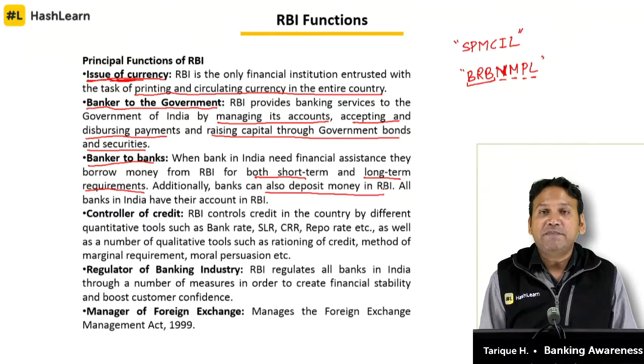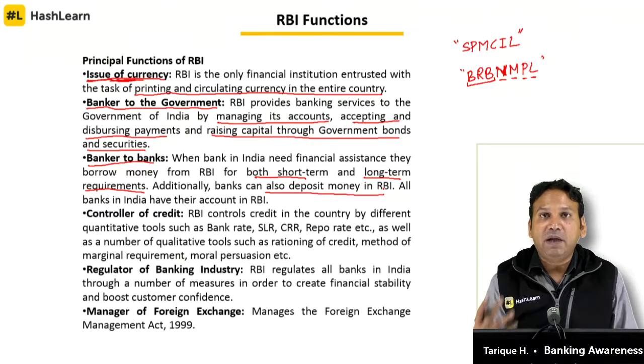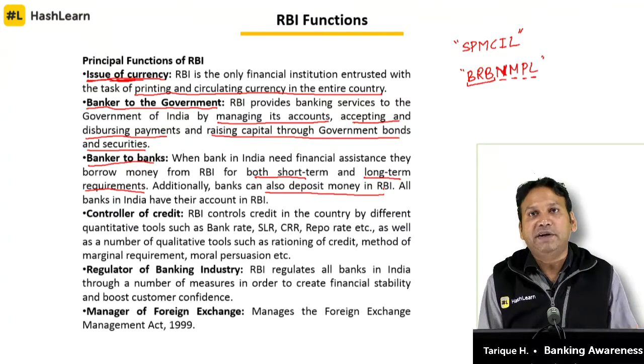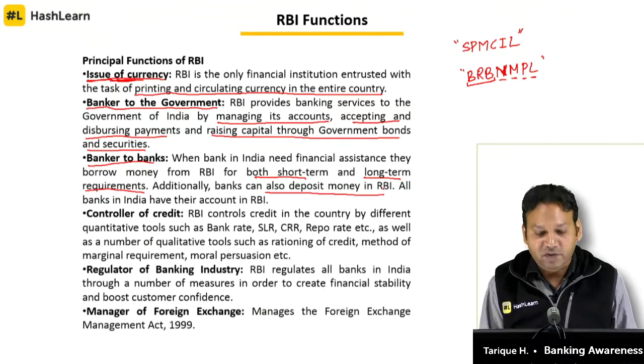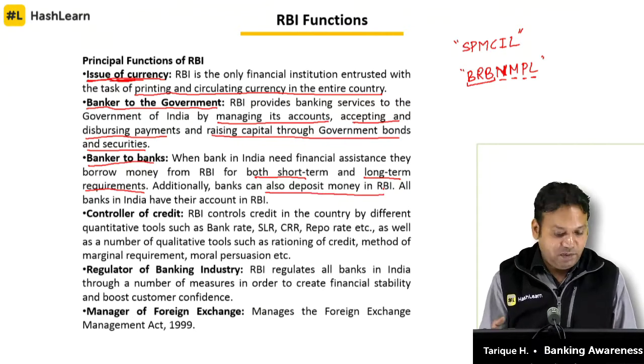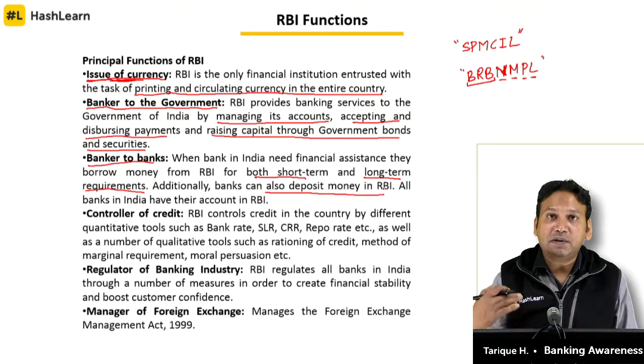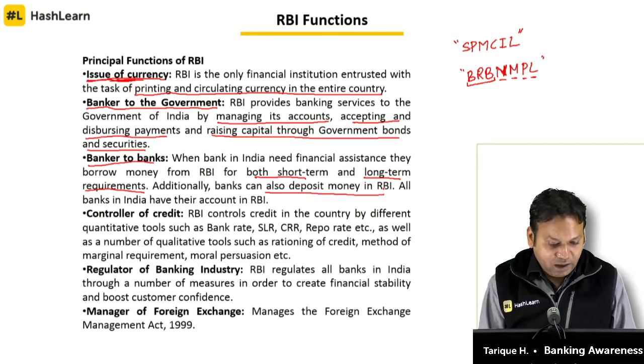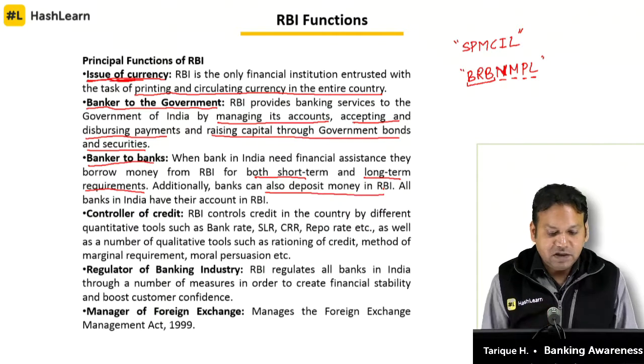Clear? Suppose a bank has surplus liquidity with it, what it can do is, under the reverse repo rate arrangement, it can give money to Reserve Bank of India, clear, and earn interest based on that. So banks can also deposit money and earn interest by depositing money in RBI. So one of the major functions of RBI is to work as a banker to banks.